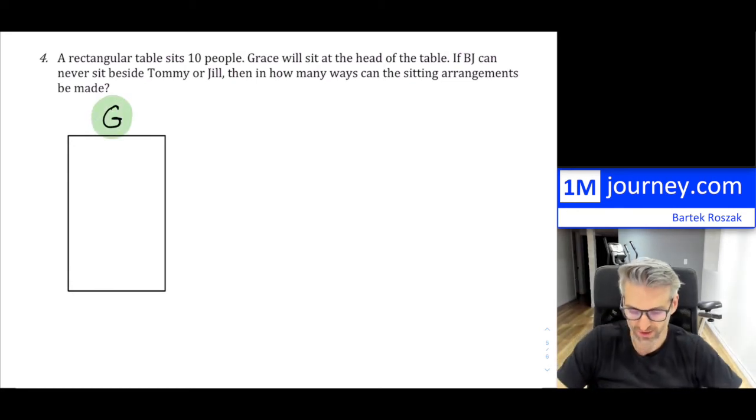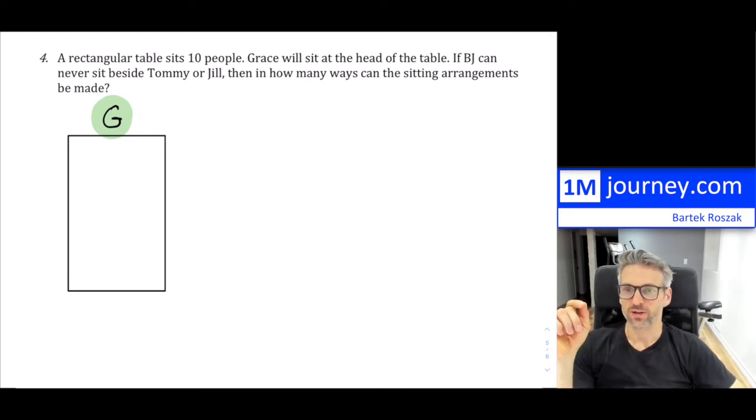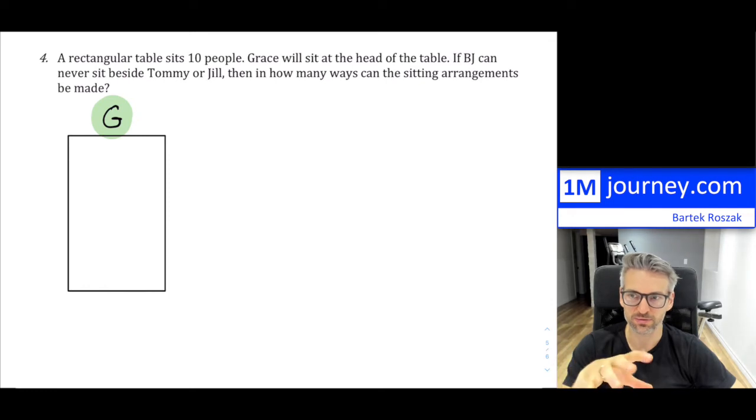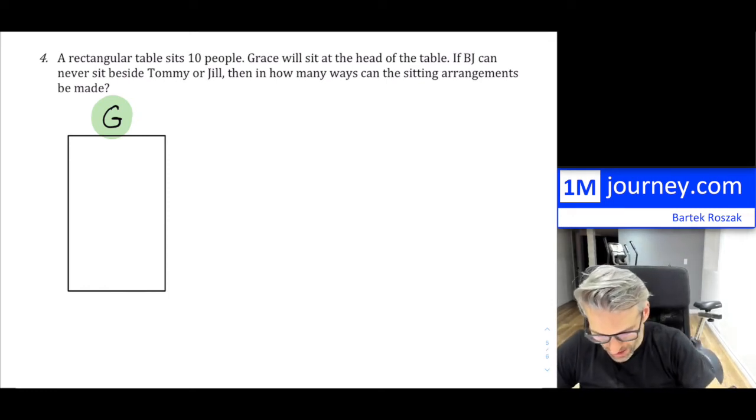Now, the rest of the question: BJ can never sit beside Tommy or Jill. So Grace is fixed at the head of the table. Now I can rearrange 9 people. So there are now 9 remaining people.